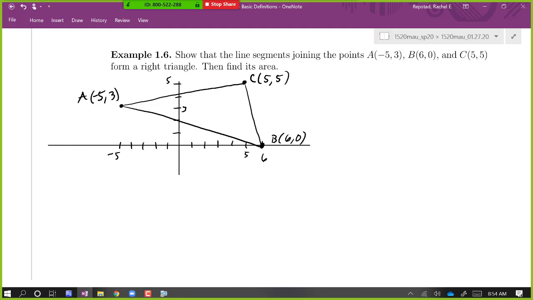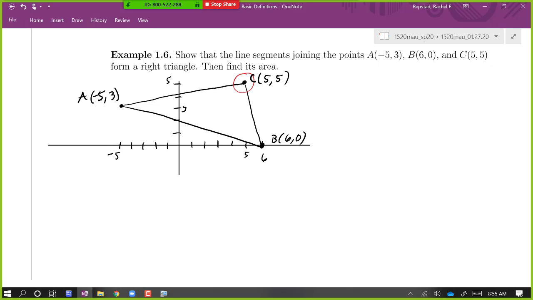I have 3 angles here, and in a right triangle one of the angles has to be 90 degrees. So I've got to show that one of these angles is 90 degrees. Since we sketched it first, there's a pretty obvious choice that we might check first. I could check all 3 to see which one might be 90, but we'd be wise to focus first on what's going on at angle C. That looks like the 90-degree angle, so I'm going to focus there first.